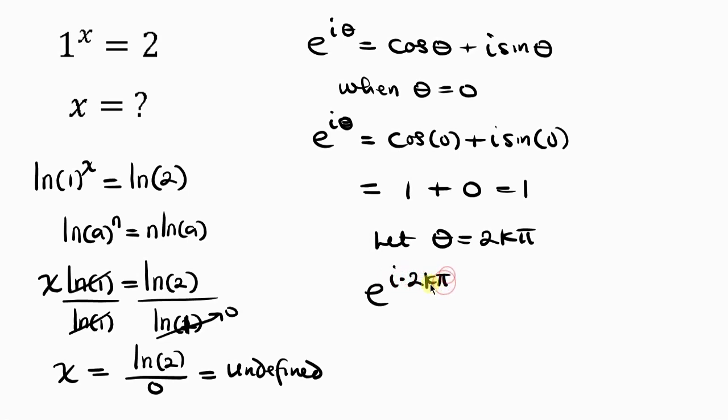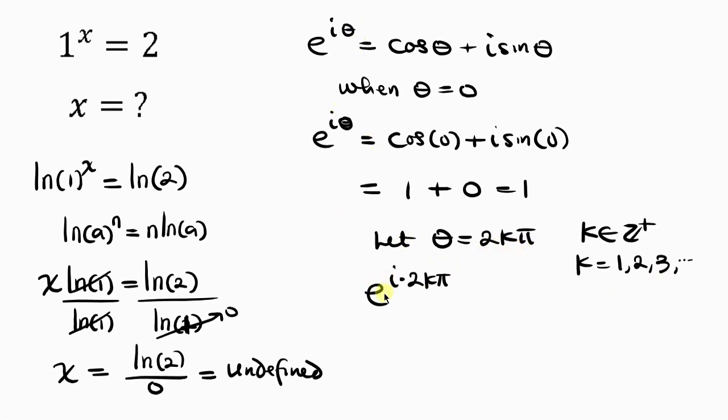Remember, I'm replacing theta with 2k pi. But in this case, k should be a positive integer, and its value can range from 1, 2, 3, and like that. Very good. So we're replacing theta with 2k pi.